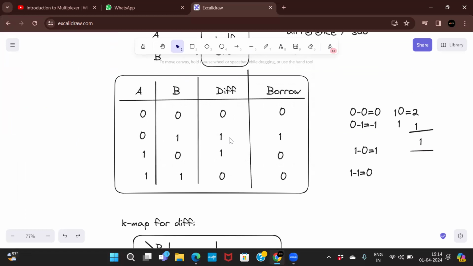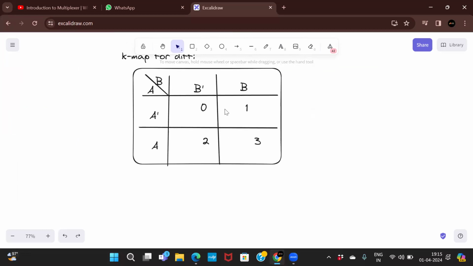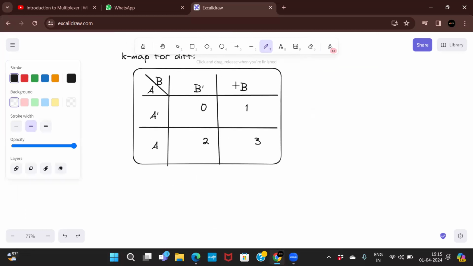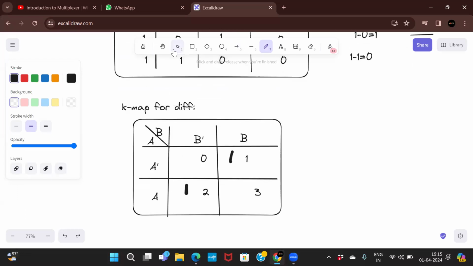Now, how many ones are there in the difference? At cell 1 we have 1, and at cell 2 we have 1. What will be the function?